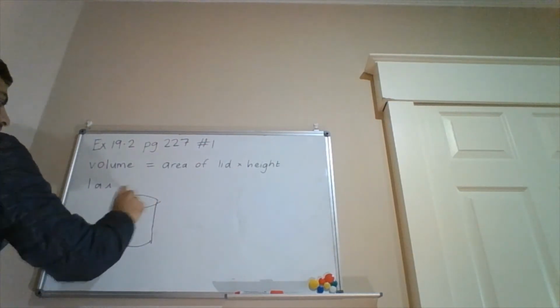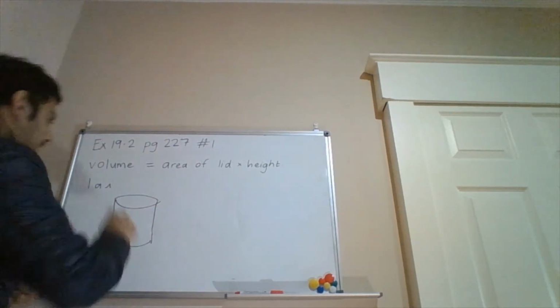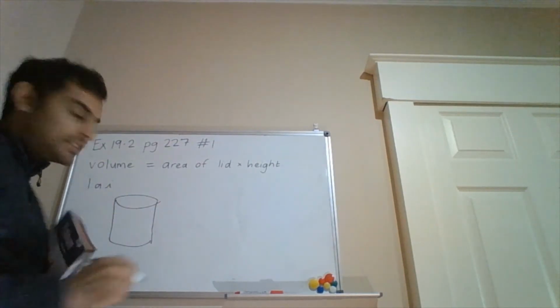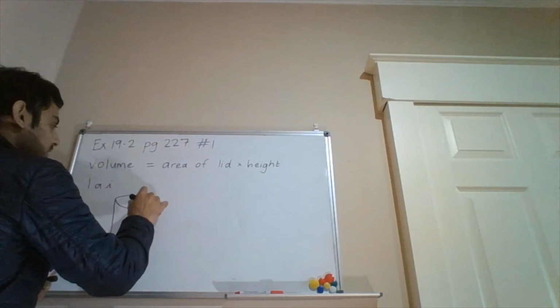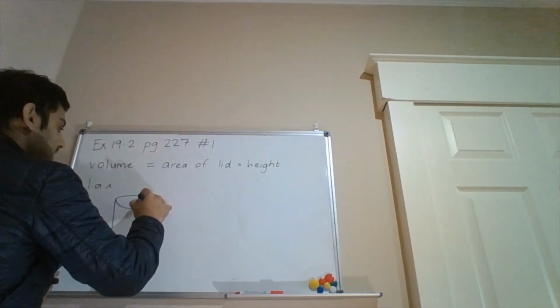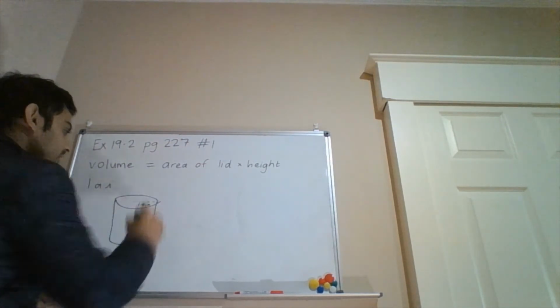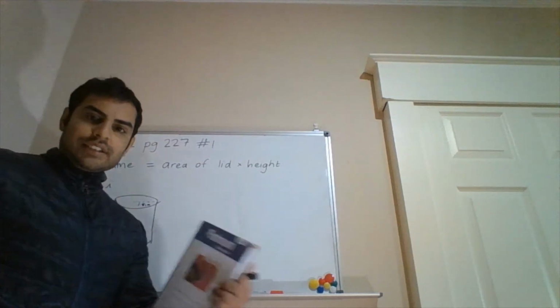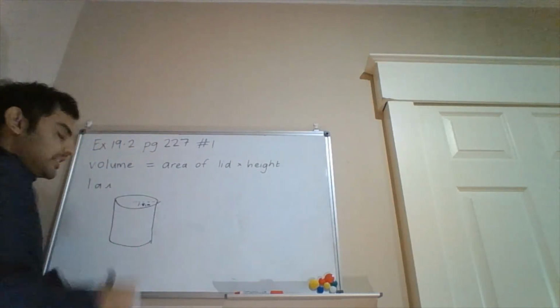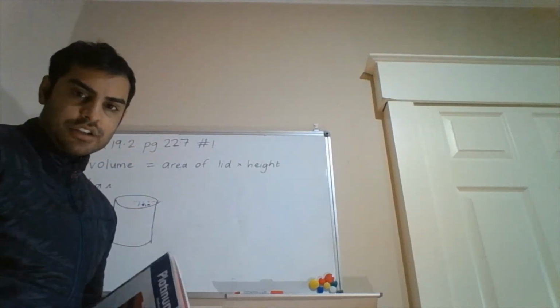We've got our lid, which is a circle at the top, and they give us a value for the height. The radius is given as 1.8 meters. So 1.8 meters is quite big. This cylinder would probably represent something like a JoJo.